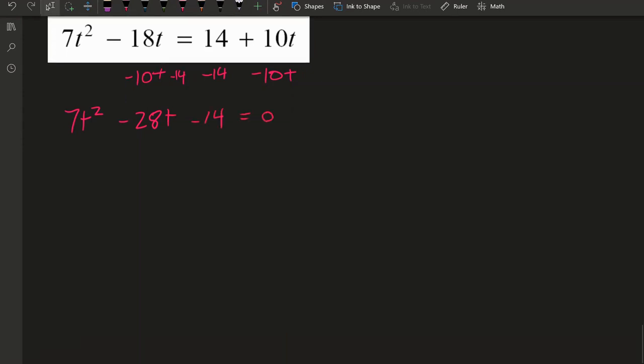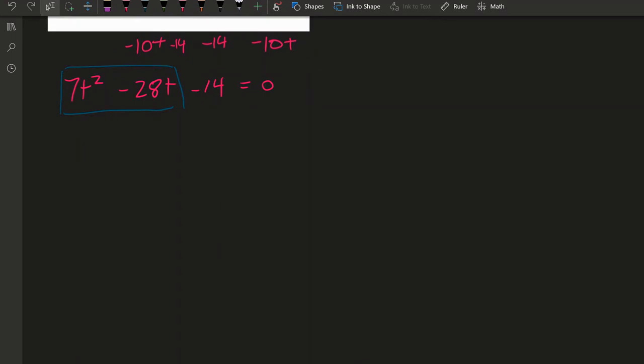Now, just like before, we're going to pay attention to these first two. We're going to ignore the constant term. So that means I'm going to have 7 times t squared minus 4t, minus 14 is equal to 0. Now, this is a coincidence, but that's that same trinomial right there.